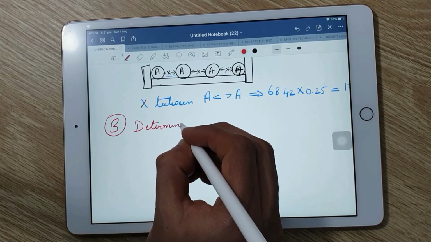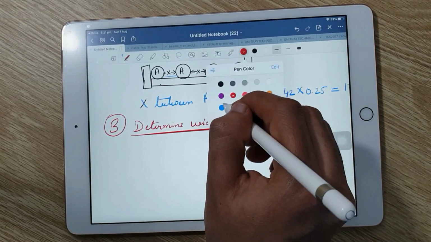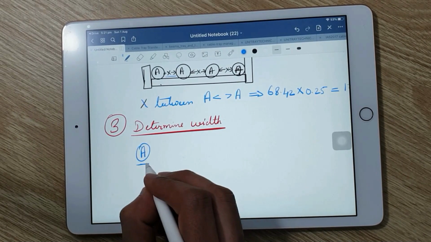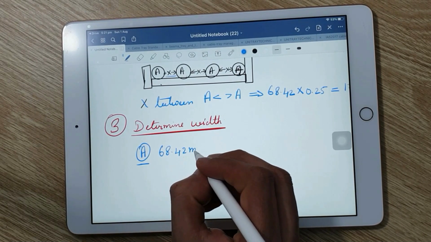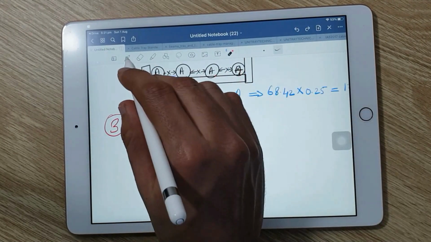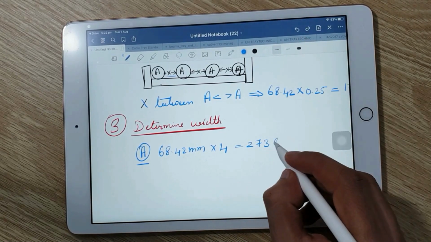Now in order to determine the width of tray, which is the third step, we need to take the 4 conductors, which is 4 A's, and multiply, as 68.42 is the diameter and we are using 4 runs. So 68.42 mm into 4 gives us a value of 273.68 mm.